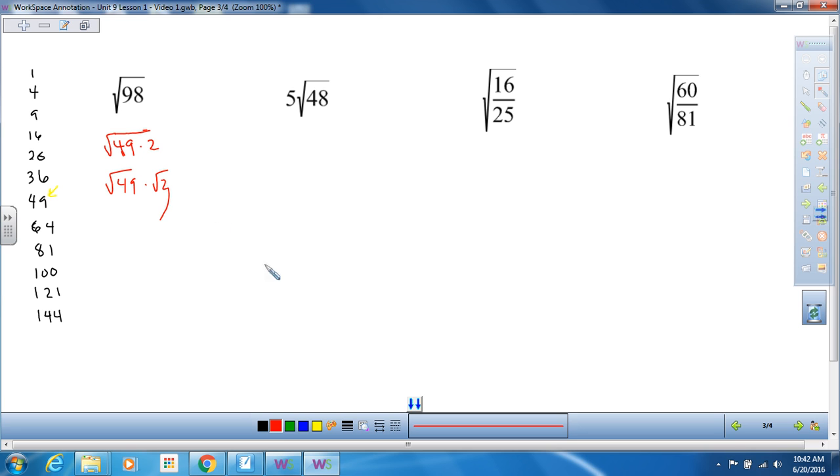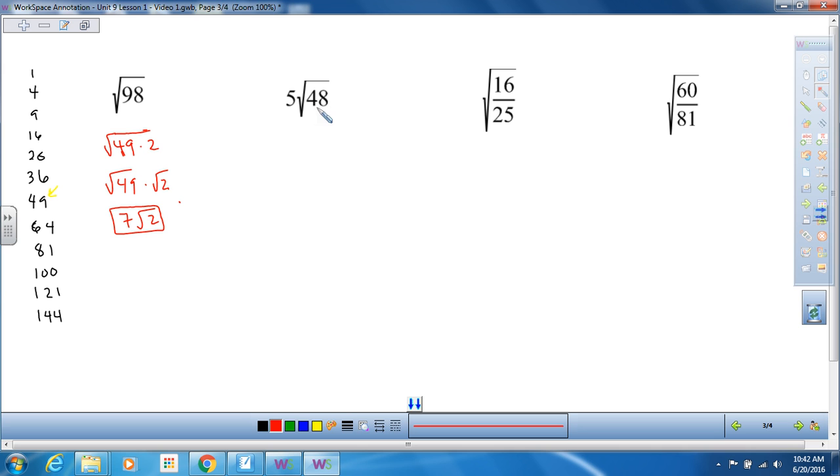Square root of 49 times square root of 2. And then we can take 7 out. Square root of 49 is 7. Then that square root of 2 is just stuck. Okay, 7 square root of 2.